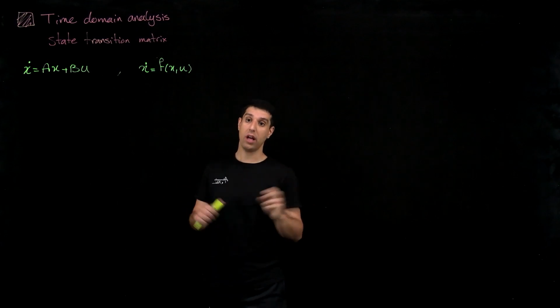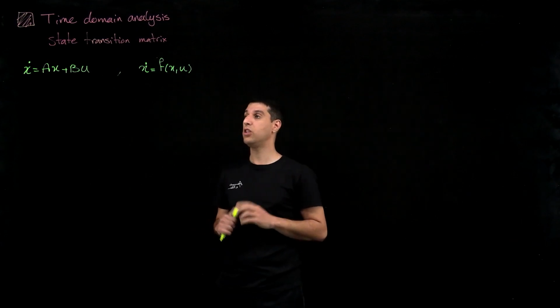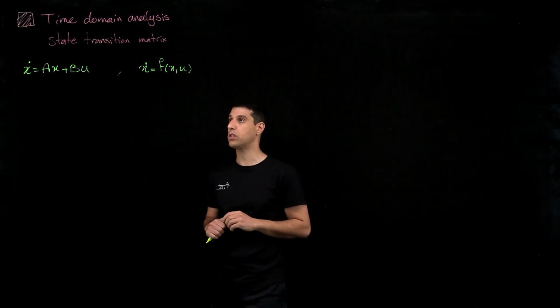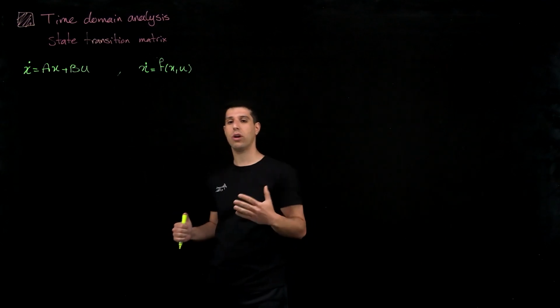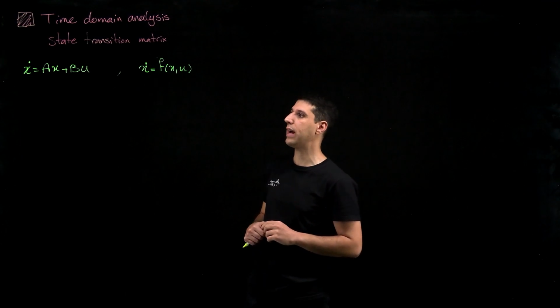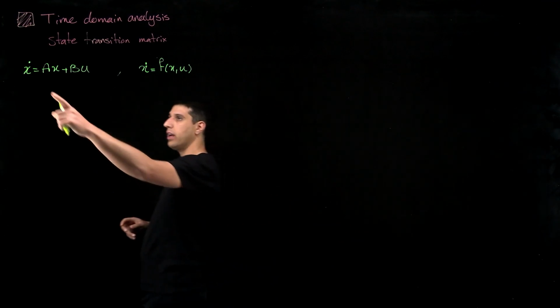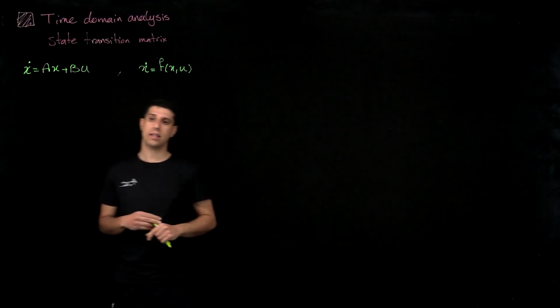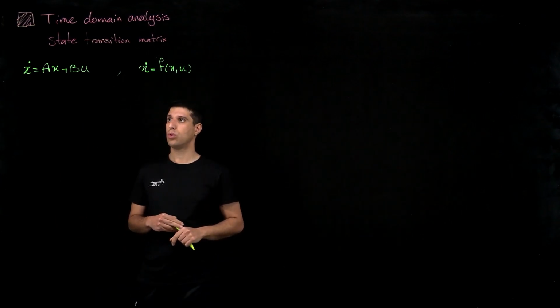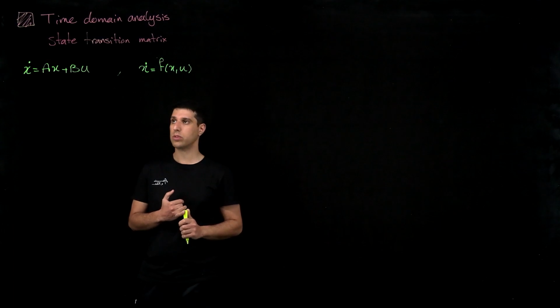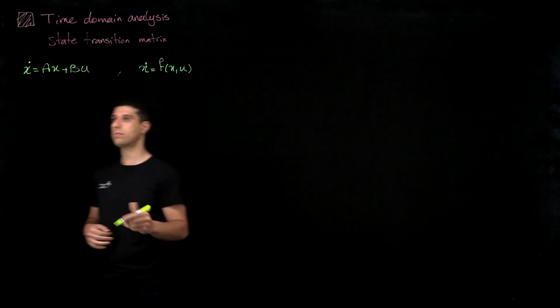But nonetheless, despite the fact that we can very easily numerically calculate the response of the system, let's try to take a little bit of analytical approach and find the response of a system due to initial condition, the natural response, and due to input, the forced response.